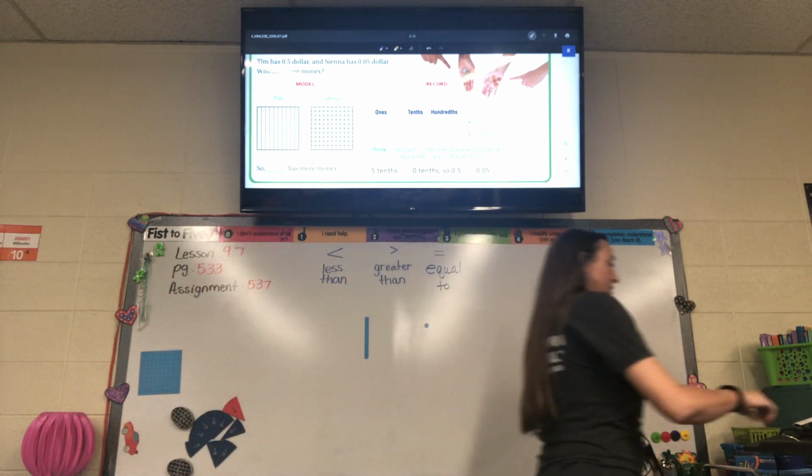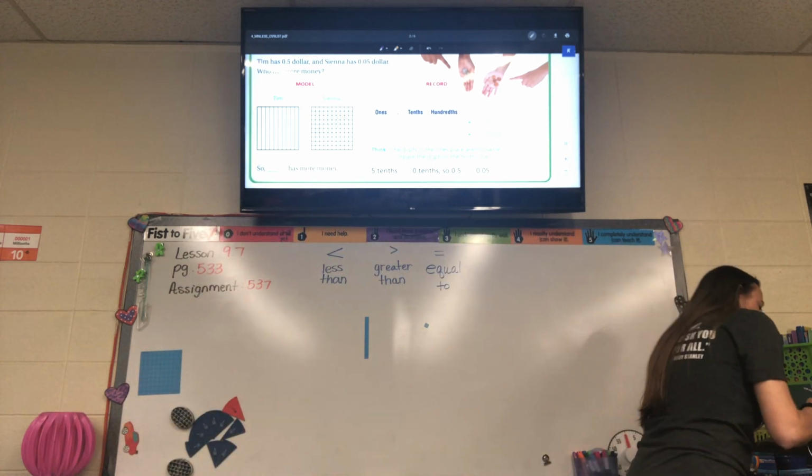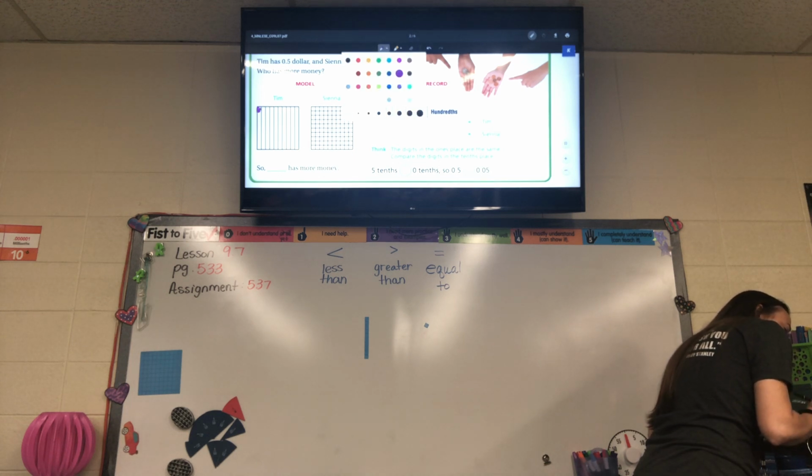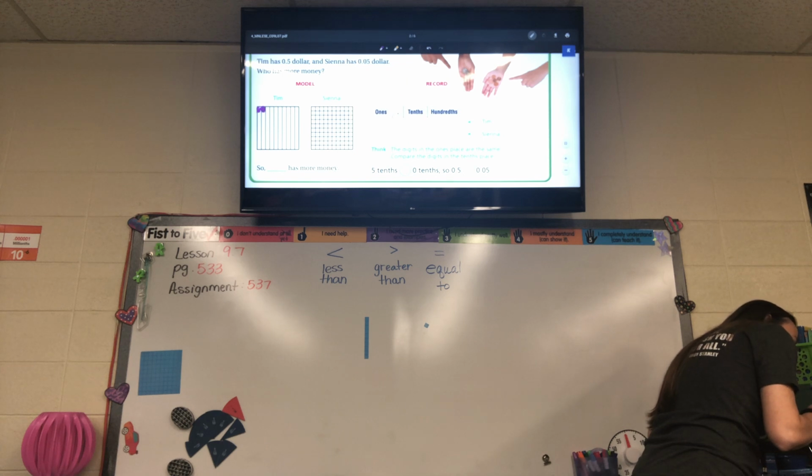So we'll fill in, poor Sienna, we'll fill in the model here. Let me make this bigger so it can go faster. Tim has 5 hundredths, or excuse me, 5 tenths.